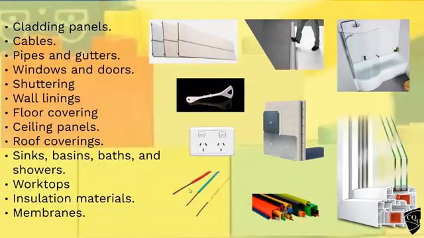Insulation materials, well, again, electrical insulation on the cables, or thermal insulation fitted to walls. So that's an expanded foam, a rigid foam that's been put onto the walls, but it's plastic. And membranes, things like vapour barriers, you know, the blue paper you see on a timber framed house before the brickwork or whatever goes up.